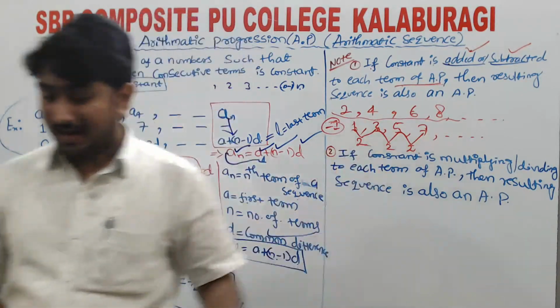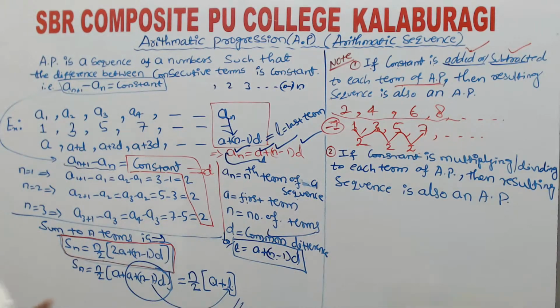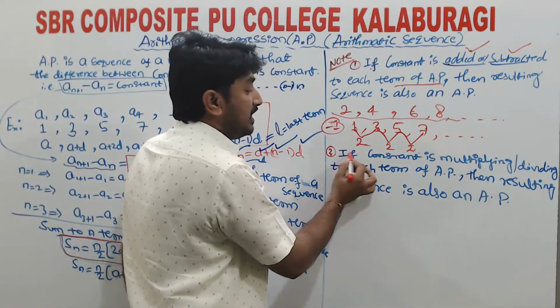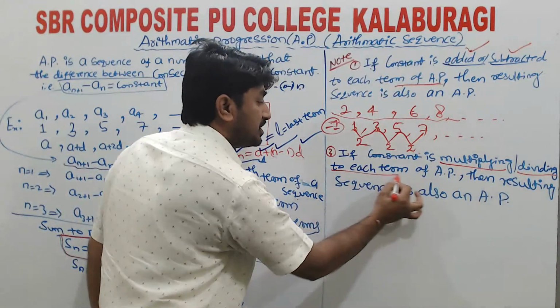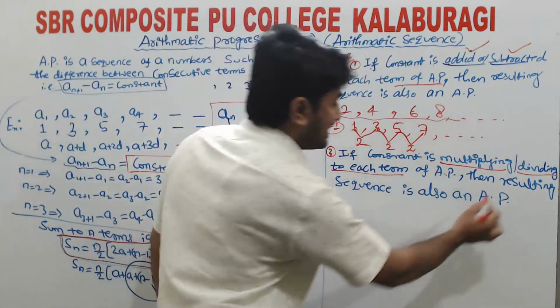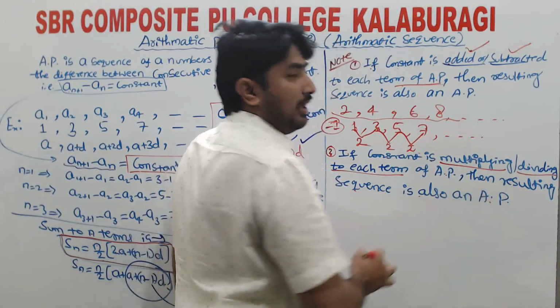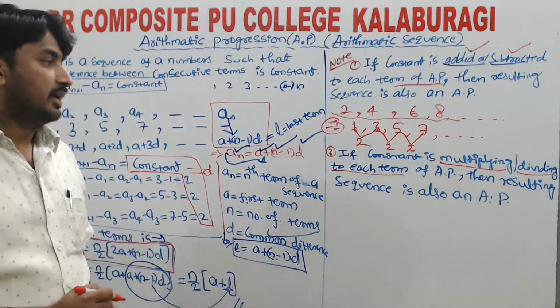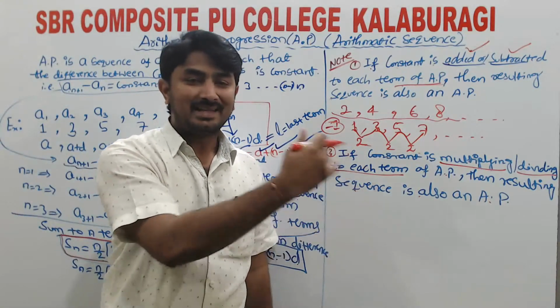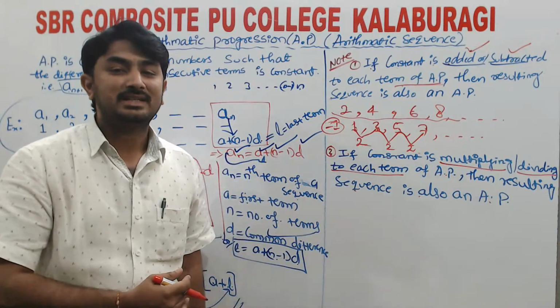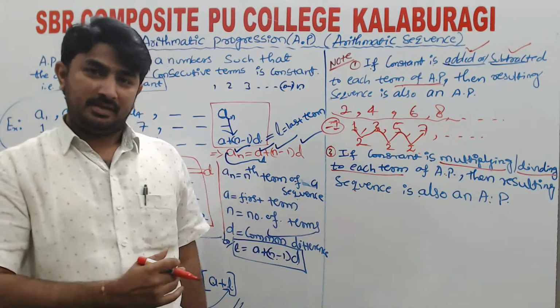And the second note says that if a constant is multiplied or divided to each term of an AP, the resulting sequence is also an AP. It means if you multiply or divide any AP term, again the resulting sequence is in the form of an AP.